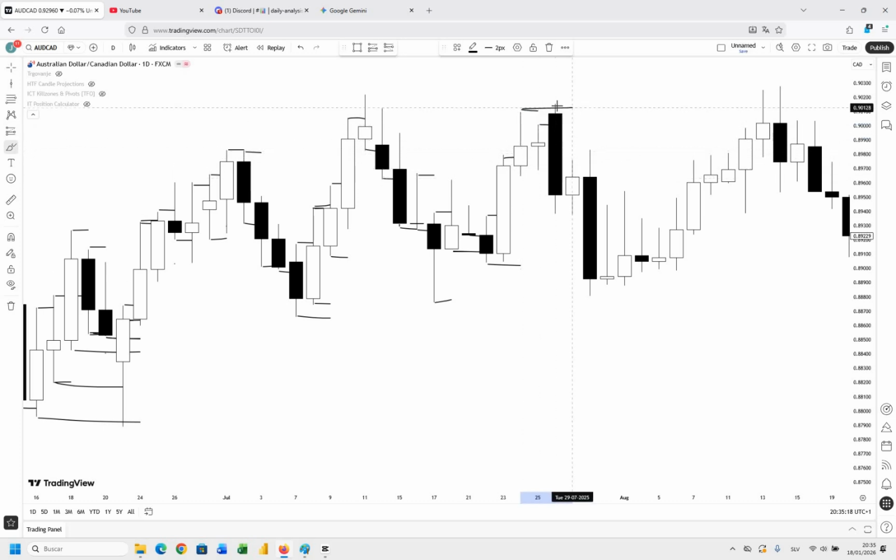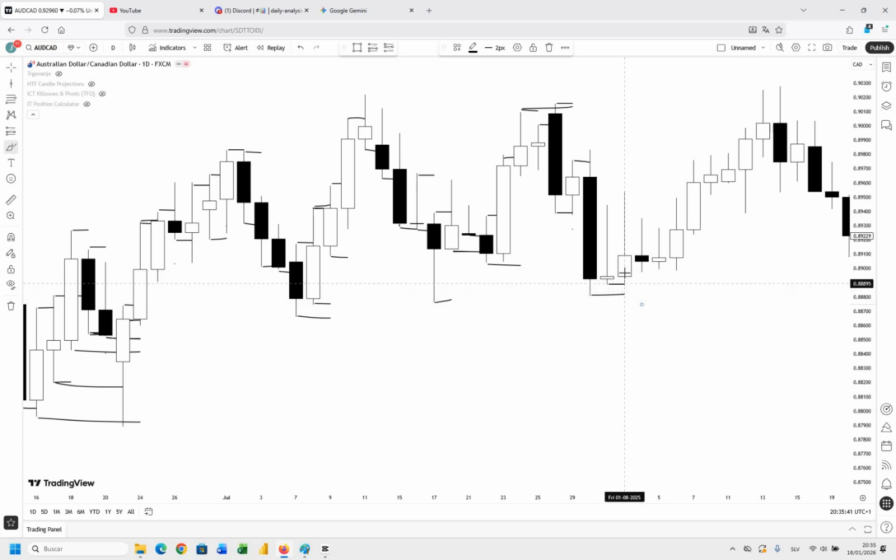We close and we sweep, so in that case I would say that target would still be here, but instead this candle that we have right now swept the low, so target would be high. We sweep the high and close below it, so target would be here. Inside candle closure, target is still here.